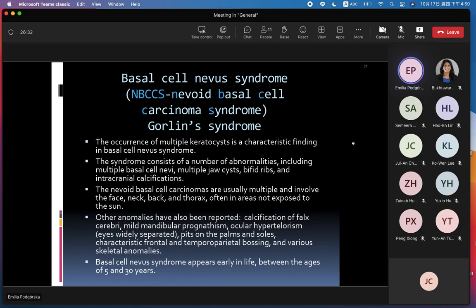calcifications. The nevoid basal cell carcinomas are usually multiple and involve the face, neck, back, and thorax, often in areas not exposed to the sun.